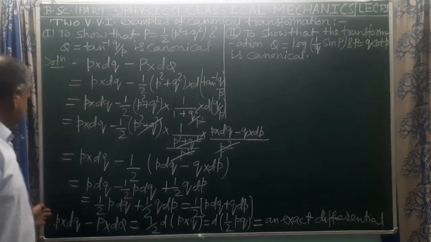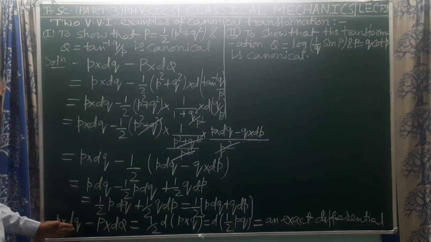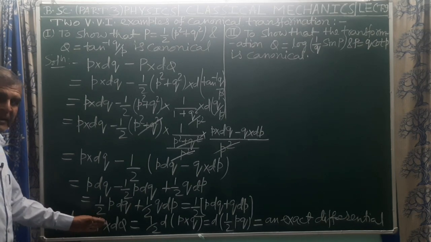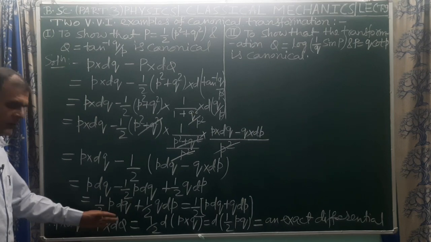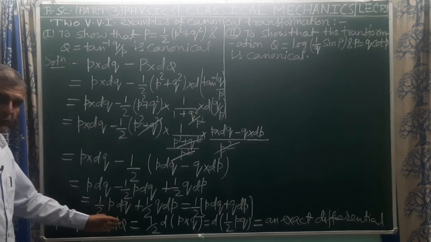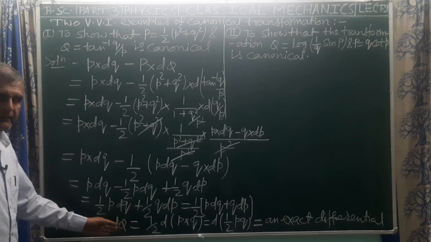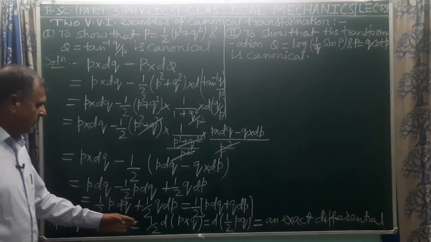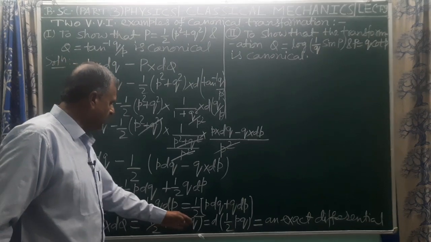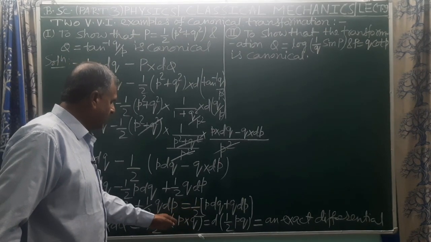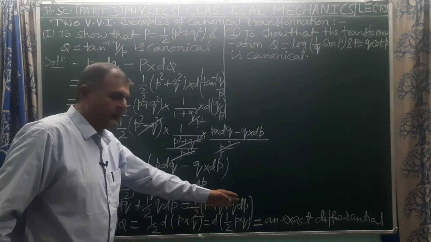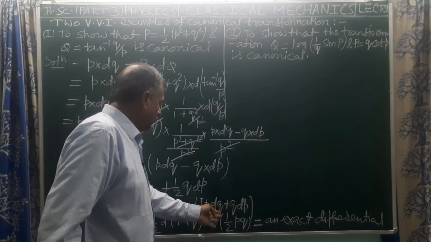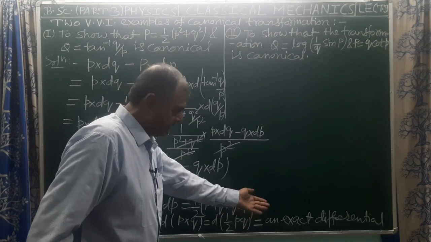That is, the product of a small p into d a small q minus the product of capital P multiplied by d capital Q, the differential of position coordinate capital Q in the new coordinate system, is equal to 1 by 2 d of PQ, that is, the differential of the product of P and Q is P dq plus Q dp, and we can write it as d of under bracket 1 by 2 PQ, and it is an exact differential.